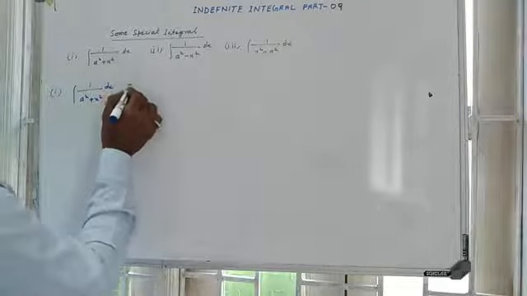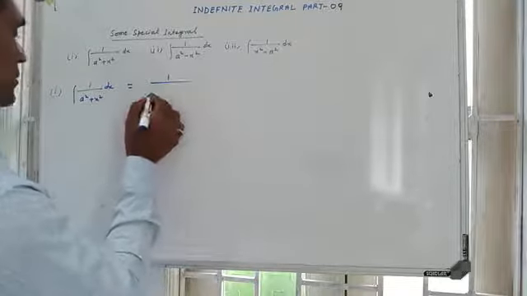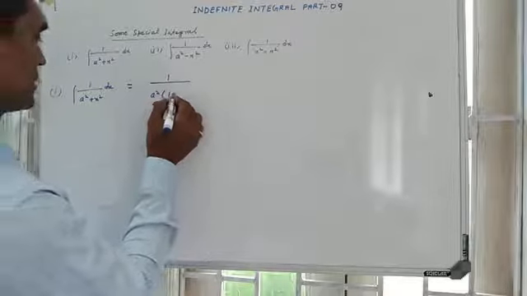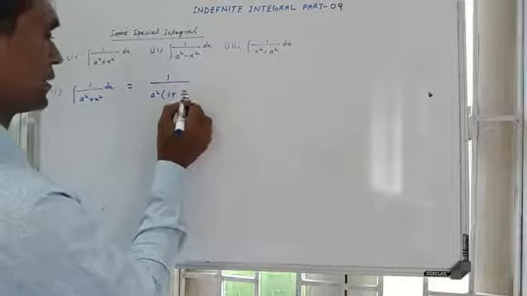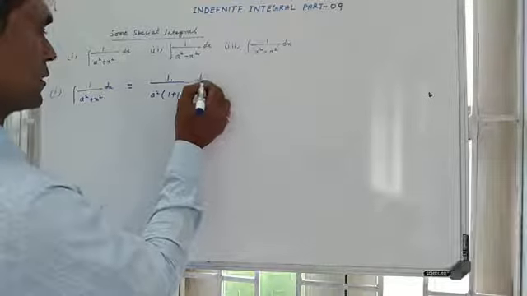You take a square common from the denominator, then 1 plus x by a whole square dx.